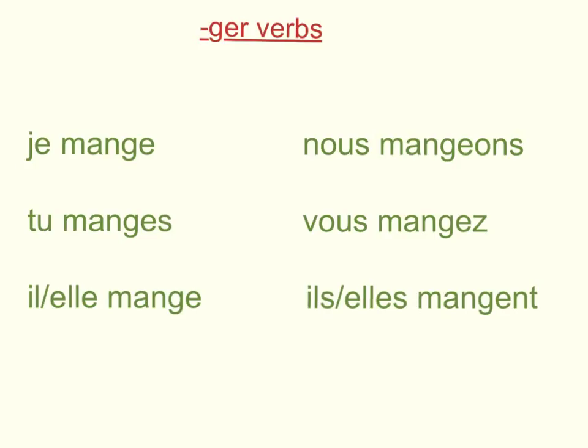Now back to nous. The reason why there is an E in the middle of the word, between the G and the O, is because if it were conjugated regularly, this is our root, and we would add the O and S. Now the issue with this is that when an O is after the G, it makes the G be pronounced like a hard G instead of a J. And we want to keep the original sound that was in the verb, manger.